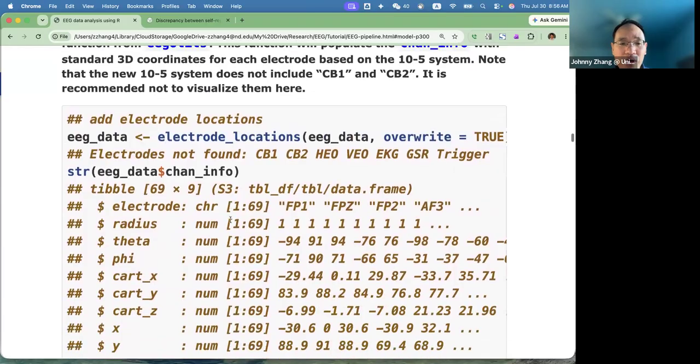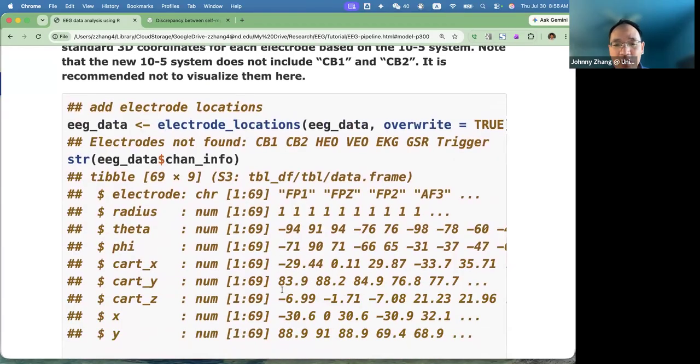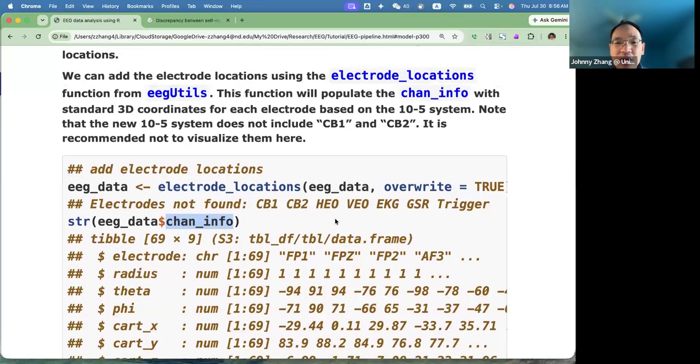So now notice that we have the position information in this component of the EEG data. And remember, in our data collection, we have 69 channels. Some of those are measures like eye movement and heart rate, so they don't have a position in the standardized system. Therefore, we don't have information on this.